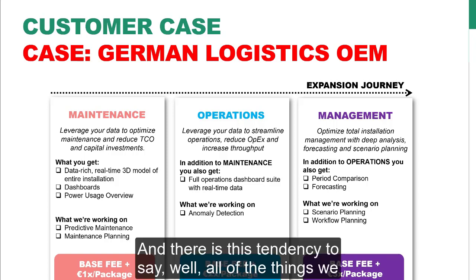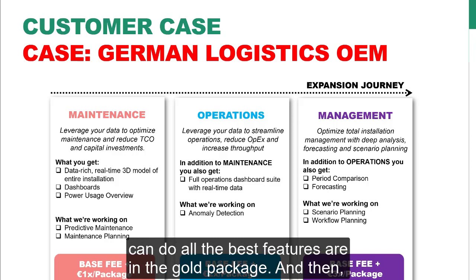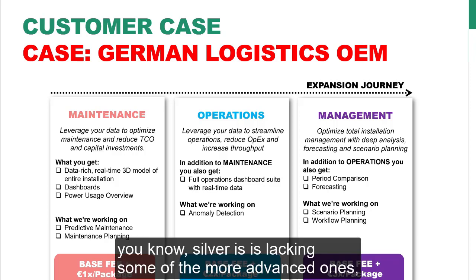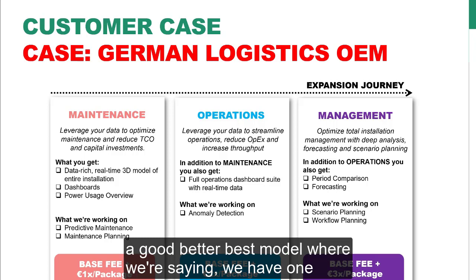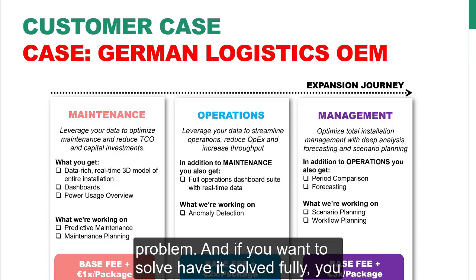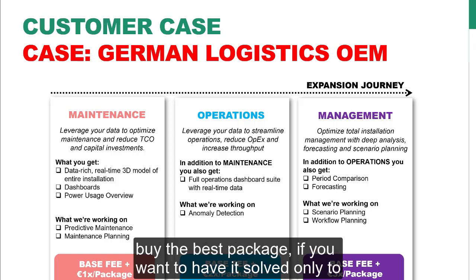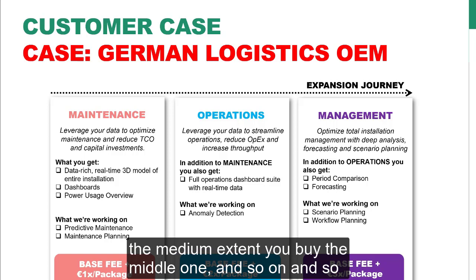And there is this tendency to say, well, all of the best features are in the gold package, and then silver is lacking some of the more advanced ones, and then the bronze one is almost unusable. So we call this a good, better, best model, where we're saying we have one problem, and if you want to have it solved fully, you buy the best package. If you want to have it solved only to a medium extent, you buy the middle one, and so on and so forth.